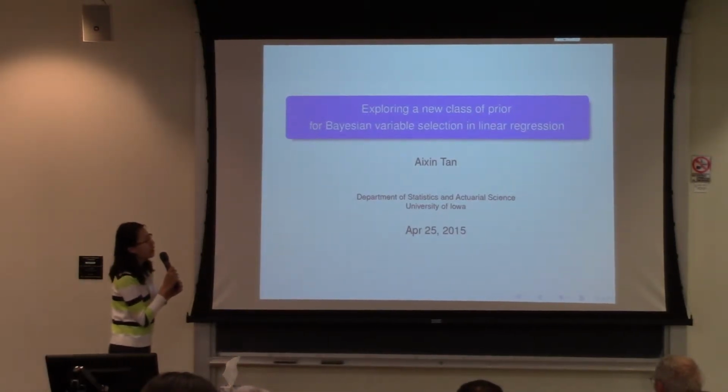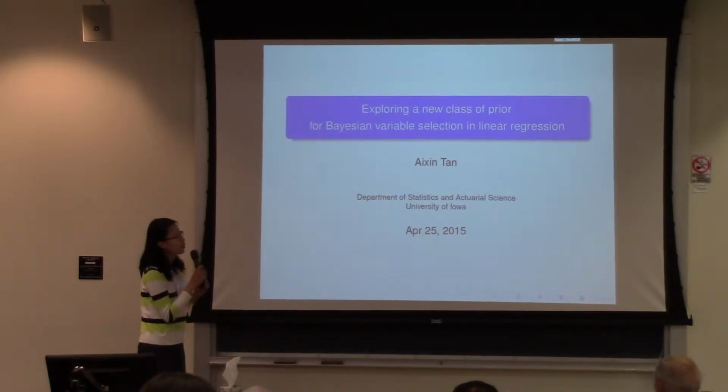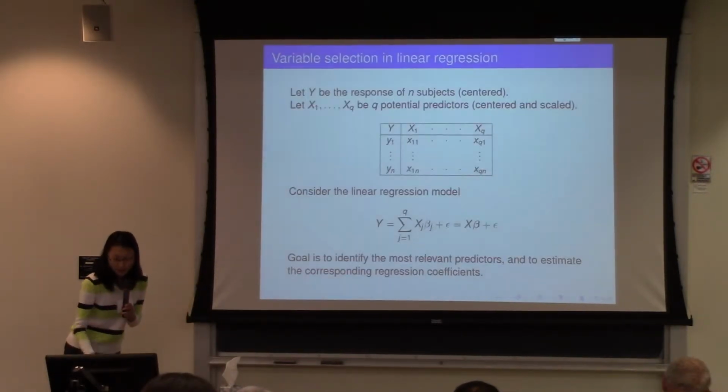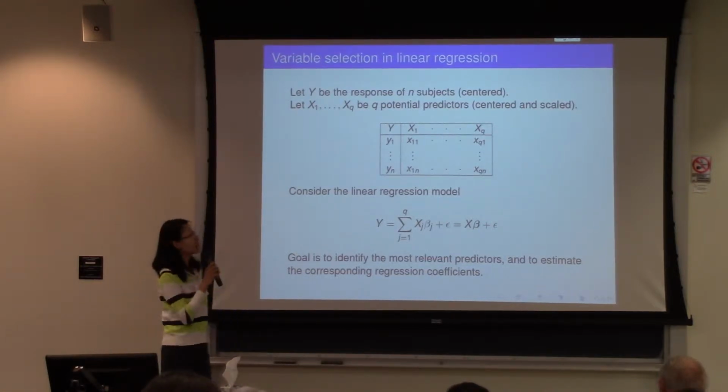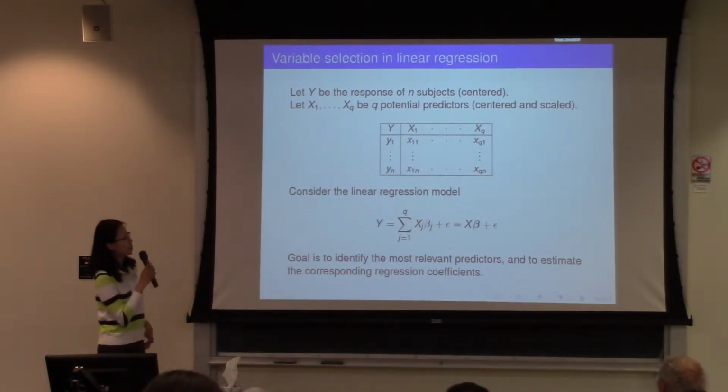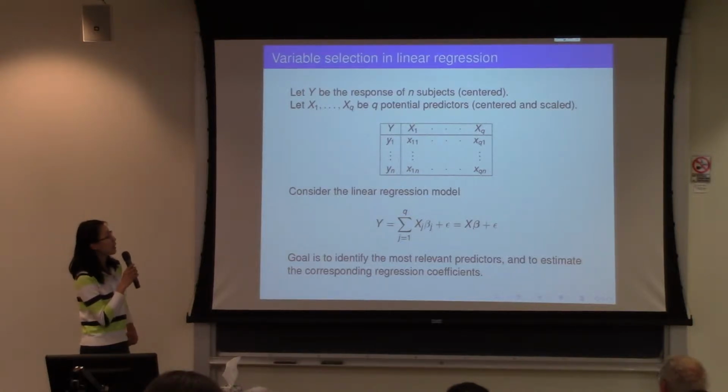Talking about a new class of prior, useful for Bayesian variable selection. Let's start with a linear regression model, where y is the response, and x1 through xp are your potential predictors.